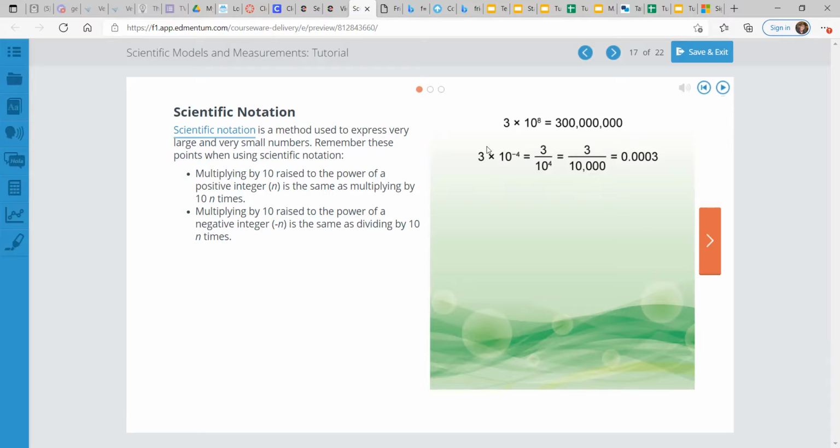And here's another way to visualize it. 3 times 10 to the negative 4 is also the same as 3 times 1 over 10 to the 4th power, and that gets you 3 over 10,000, and then you get 0.0003.